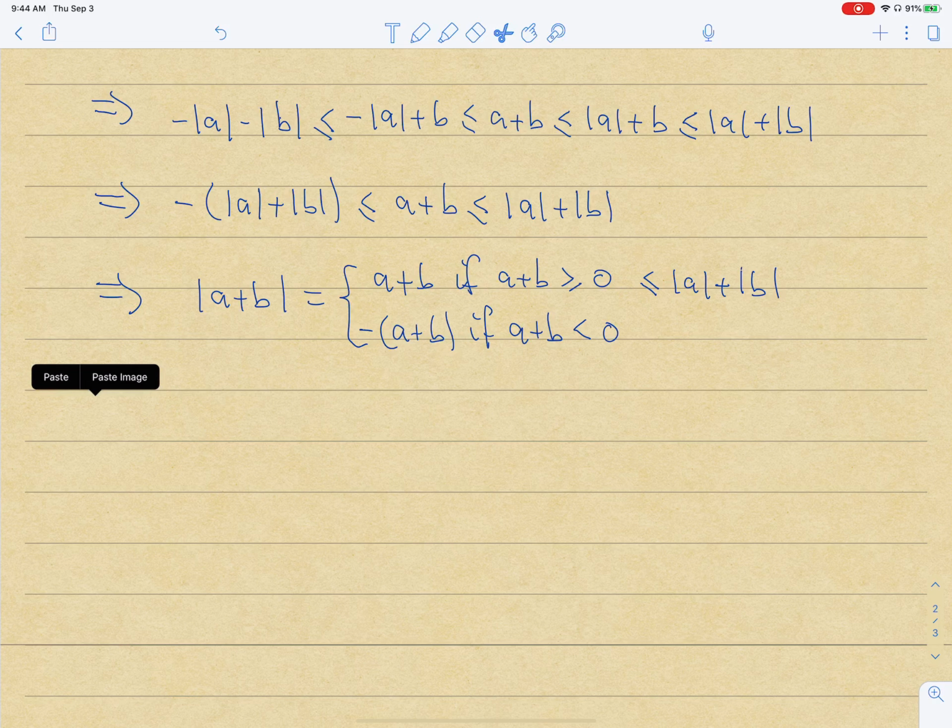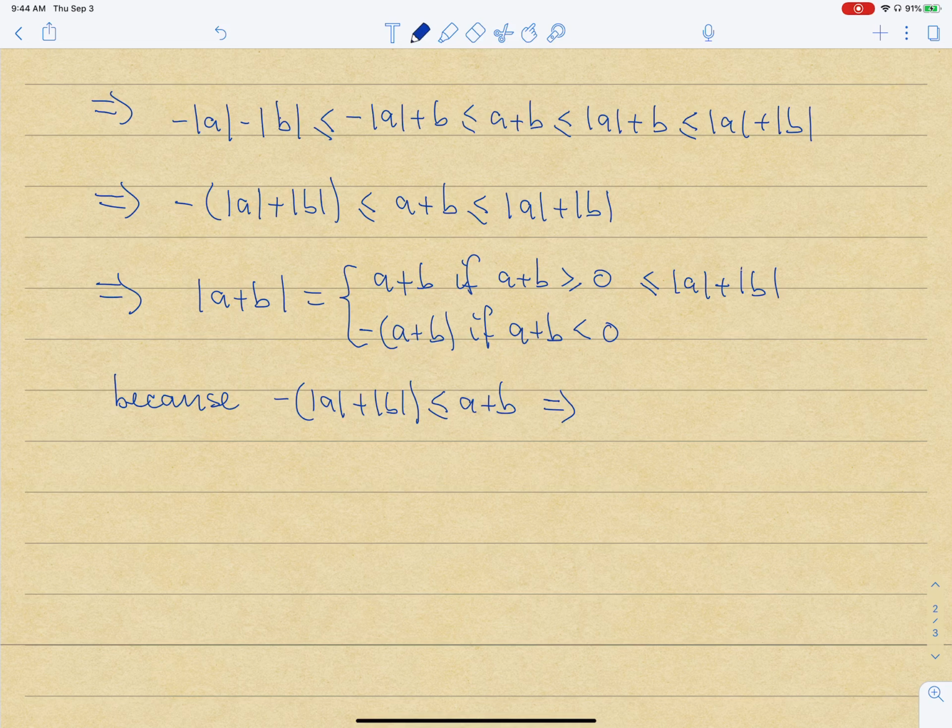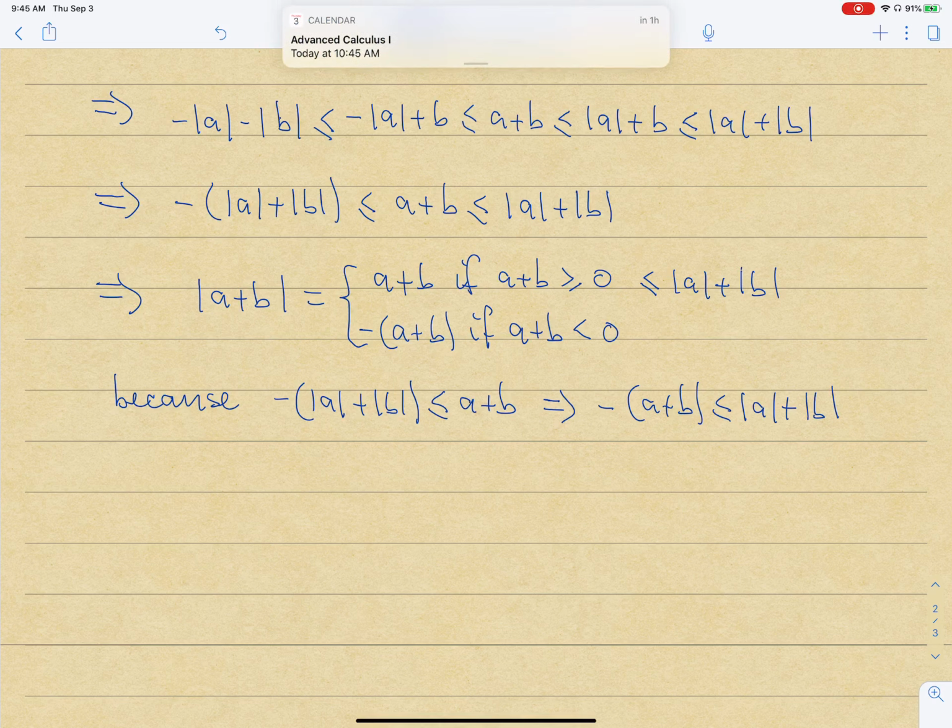Because minus A plus B absolute values is less or equal A plus B, this means that minus A plus B is less or equal than absolute value of A plus absolute value of B, right?